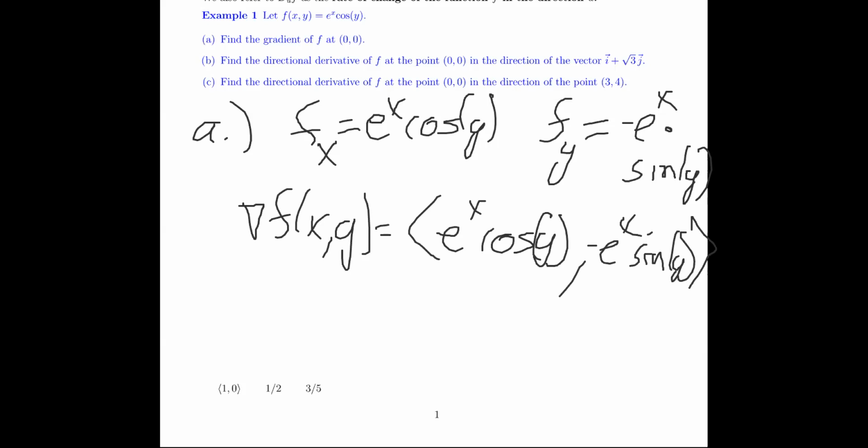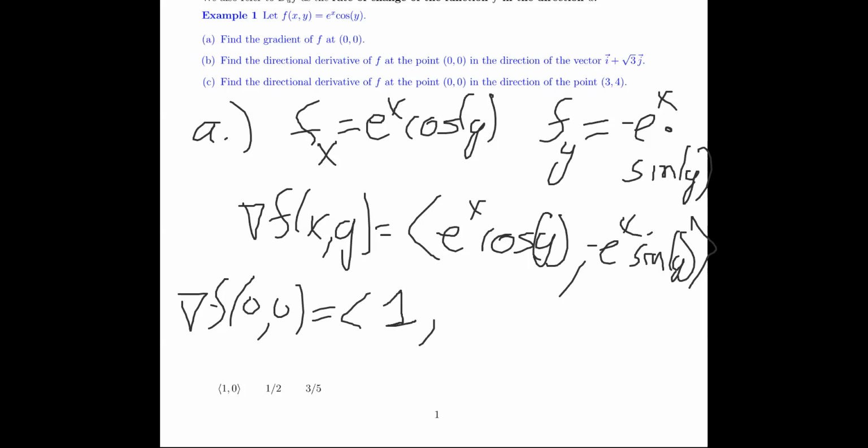Okay, so then the gradient of f of x comma y evaluated at 0, 0 is the vector. All right, this is e to the 0 times cosine of 0. Cosine of 0 is 1. E to the 0 is 1, so this is 1.